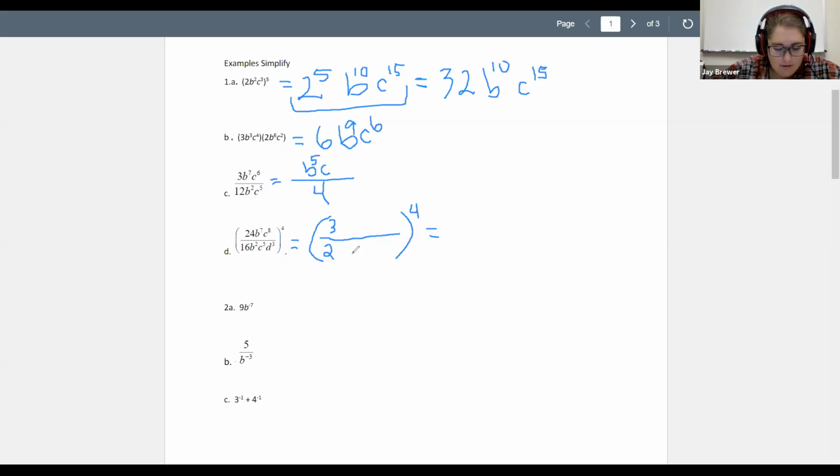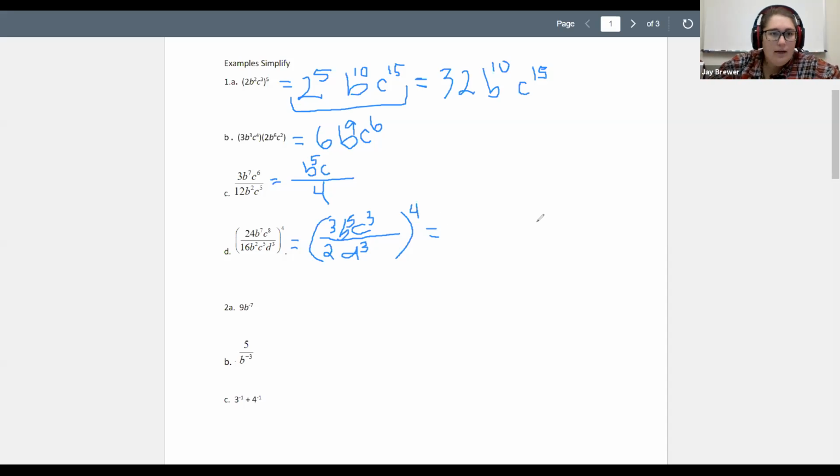And then, just like the previous problem, b to the 7th over b to the 2nd will give you b to the 5th. And c to the 8th over c to the 5th will give you c cubed on top. And then d cubed just stays on the bottom. It doesn't have a partner. So sad, they went stag.